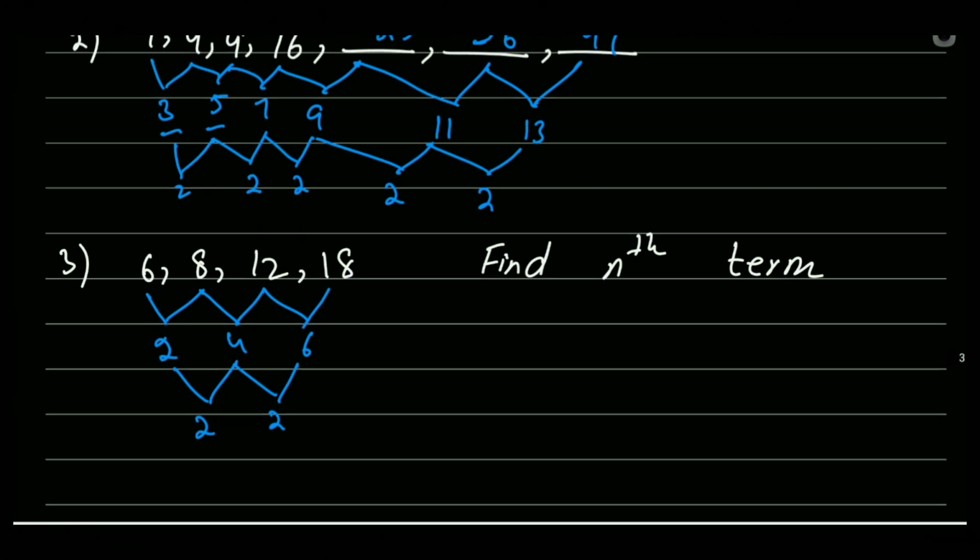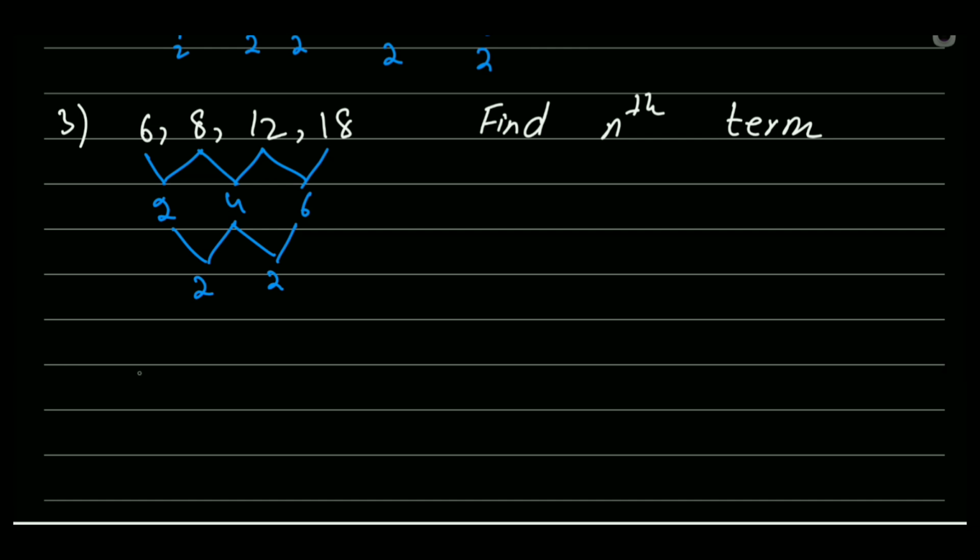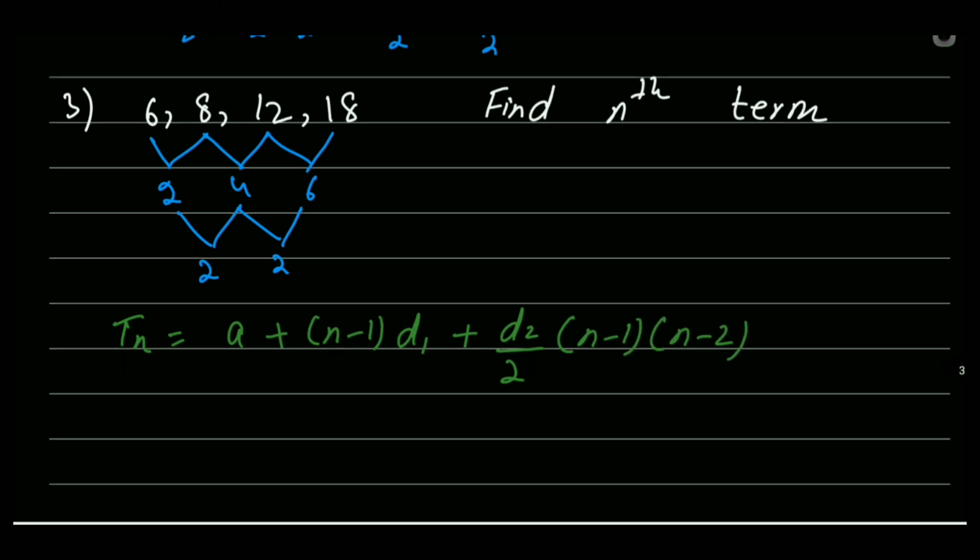It means that it is a quadratic sequence. So you have to apply the formula of quadratic sequence, that is Pn is equal to a plus (n minus 1) d1 plus d2 over 2 into (n minus 1) into (n minus 2).